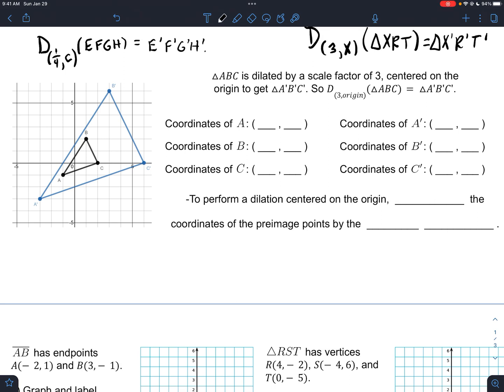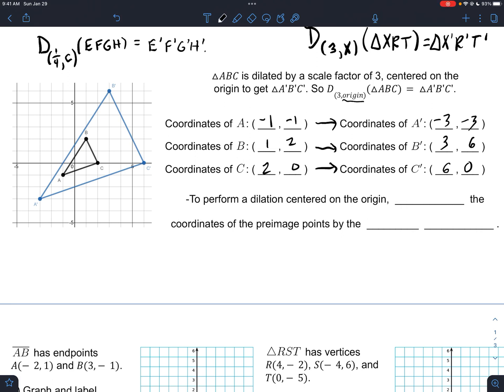And here's just an exercise for us to find out what happens with the points. What's the coordinate rule of a dilation? And luckily, when we go from the origin, or O, it's quite a bit easier for us. So let's fill in the coordinates real quick. I'm just pulling these from the graph. Okay. So we see that we're moving from A to A prime, B to B prime, C to C prime.